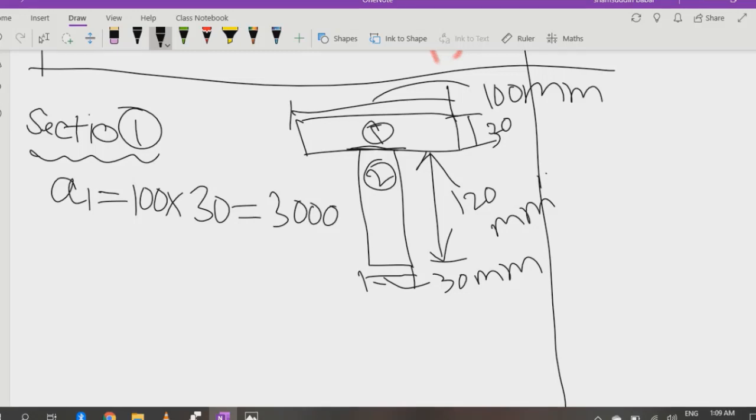100 by 30 is equal to 3000. And I haven't drawn the axes. Now remember that my axes will be here.